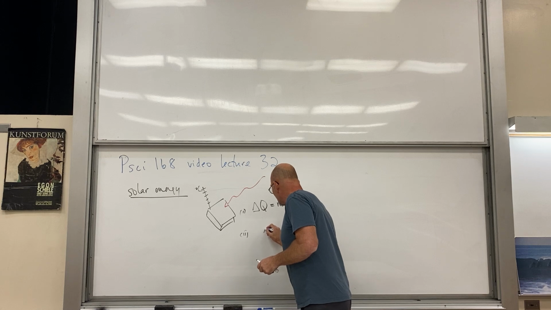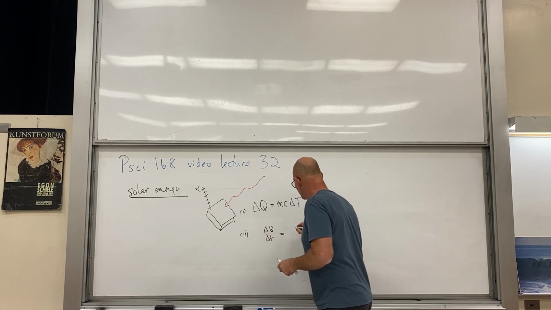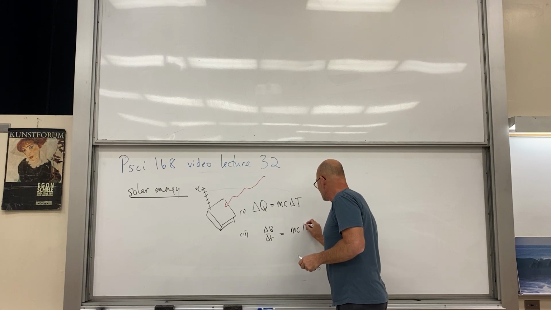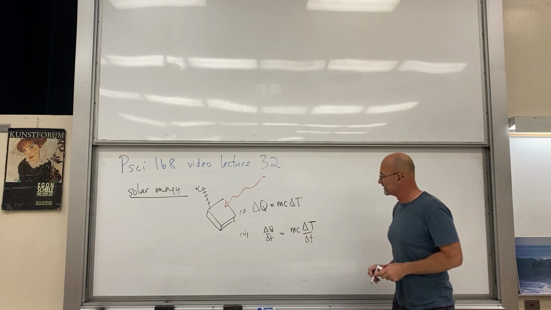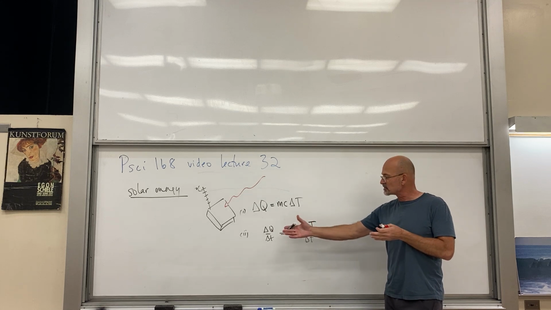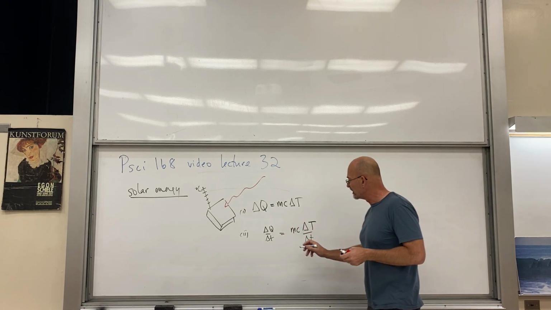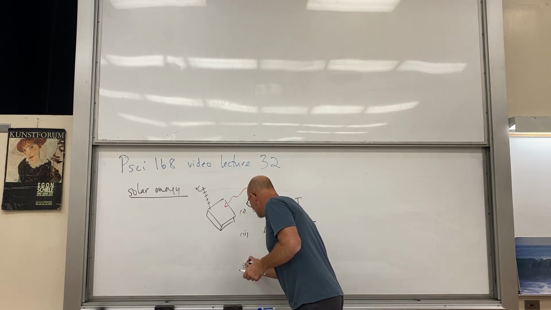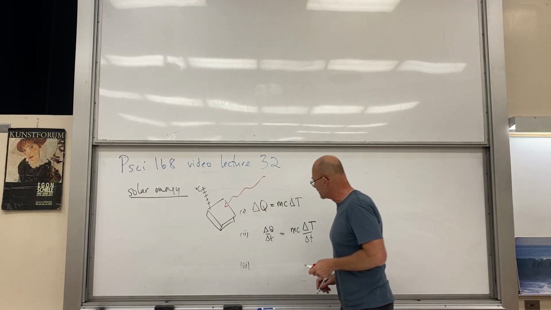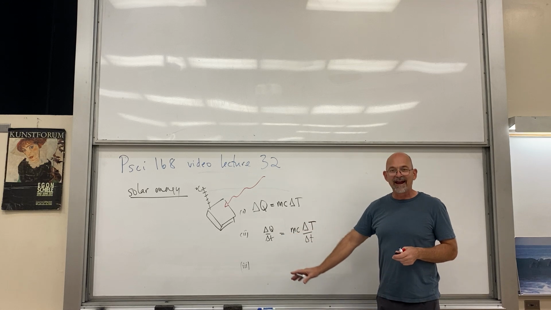Then we said the power would be delta Q over delta t, which is mc change in temperature over time. So we have a clock and we're measuring what's happening here in time. So this was power, and then finally the intensity would have been that power per area.